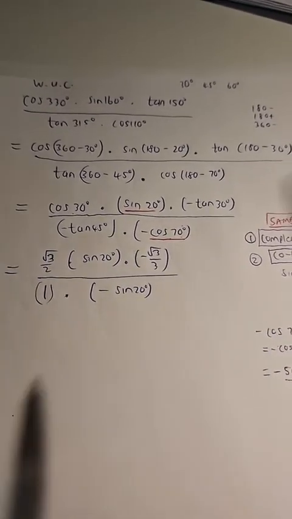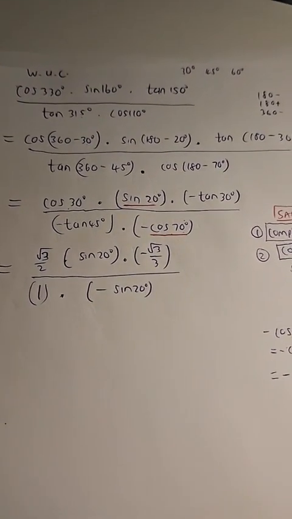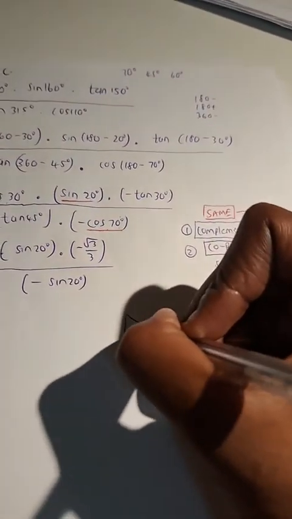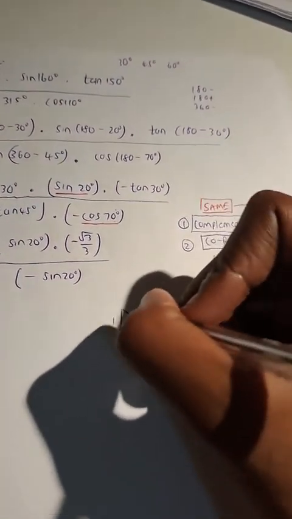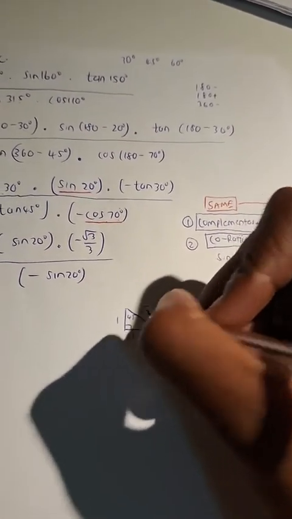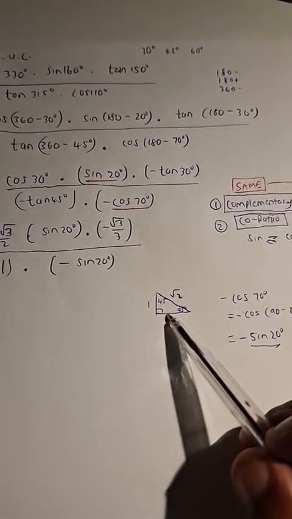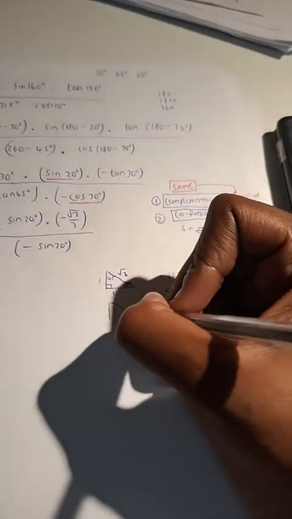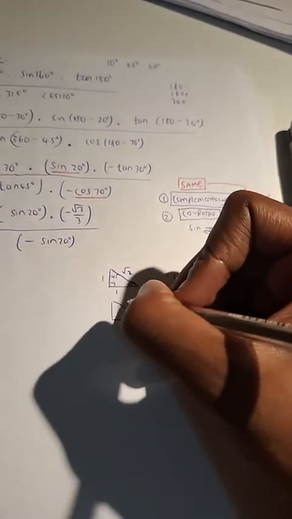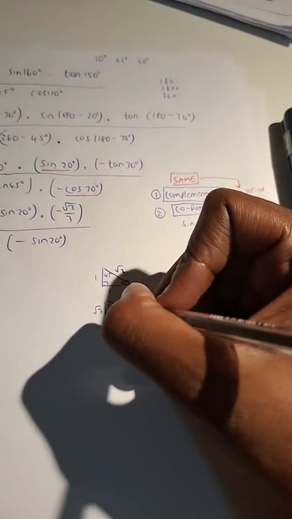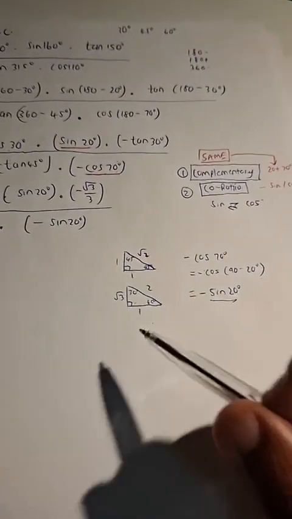Okay? And then now in grade 11, in grade 10, you guys were supposed to sketch the two triangles, 1, root 2, 45, 45. This was grade 10. Then you use these special angle triangles to evaluate 45 degrees, and you use this special angle triangle, 60 and 30 degrees, to evaluate 60 and 30.